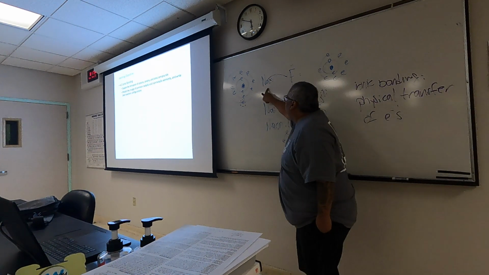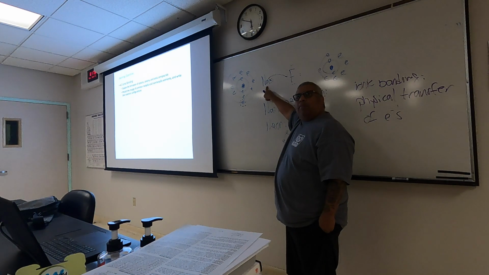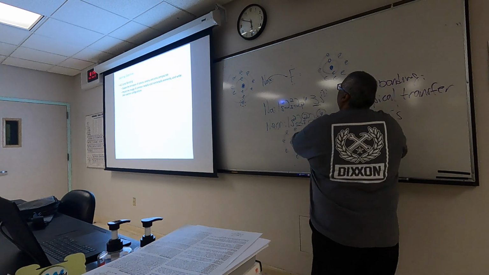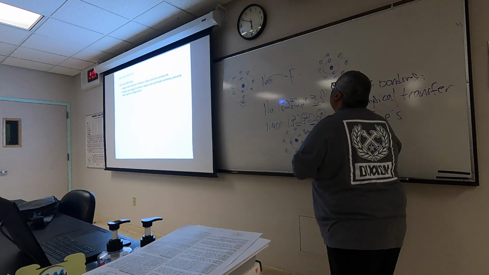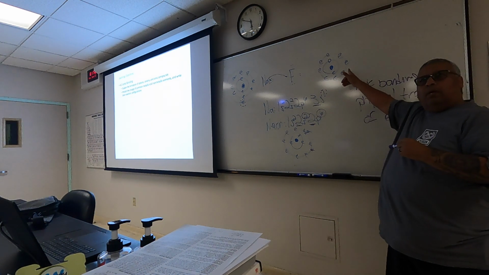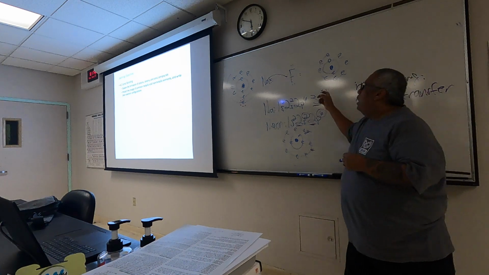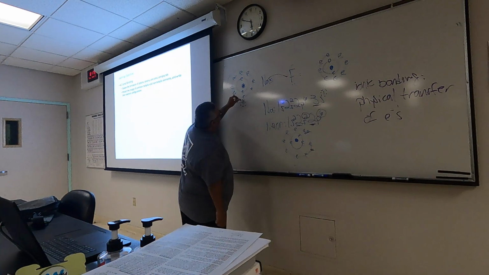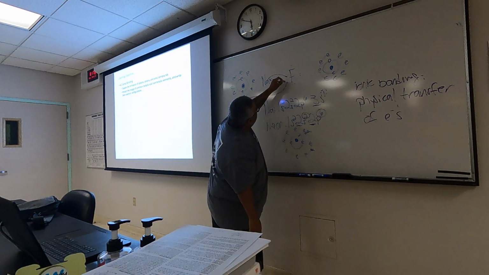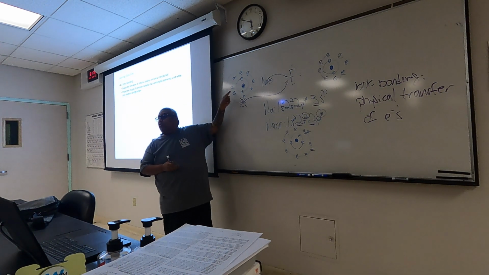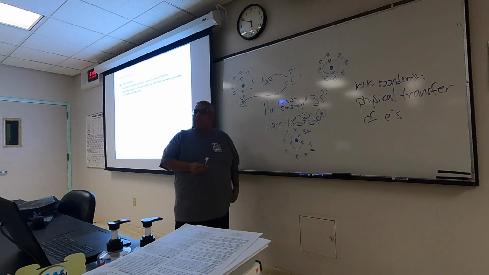So sodium says, all right, I'm gonna donate this 1 electron, and that way fluorine will fulfill its outermost shell, and it becomes just like a noble gas now. And in doing so, sodium has also fulfilled its 8 valence electrons here, and they're now both very stable.